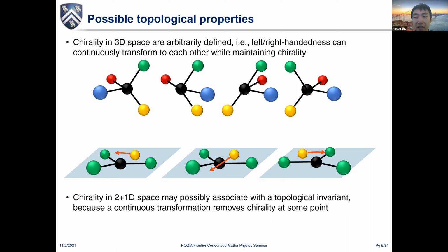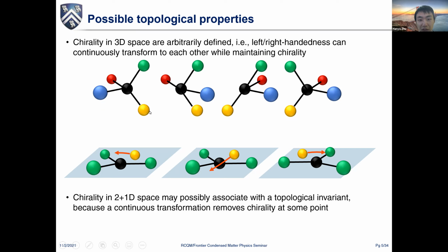But the chirality of molecules is actually not a well-defined quantity. You cannot mathematically define it. You can say this molecule is chiral, but we cannot absolutely say that something is left chiral or positive chiral versus negative chiral. This can be clearly seen by transforming a molecule continuously.